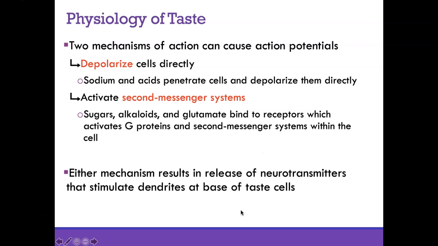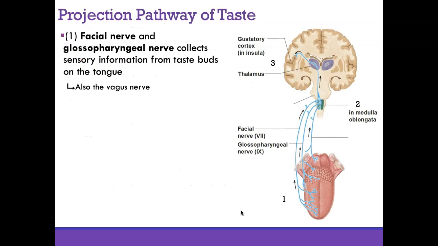At the base of taste cells, neurotransmitters are released, as I'll show you here. These taste cells release neurotransmitters that get sent to the facial nerve and the glossopharyngeal nerve. So the taste buds send their information to the two cranial nerves. Those all go to the medulla in the brainstem.